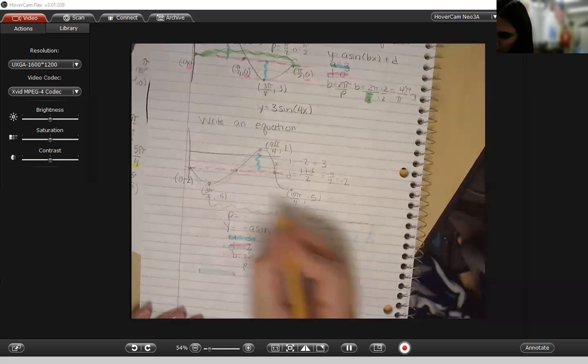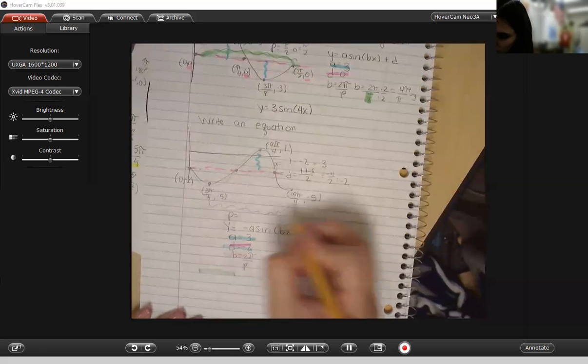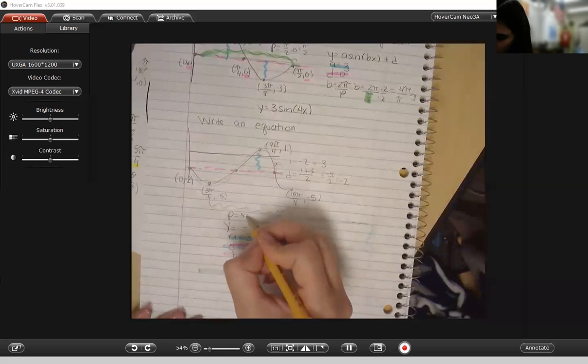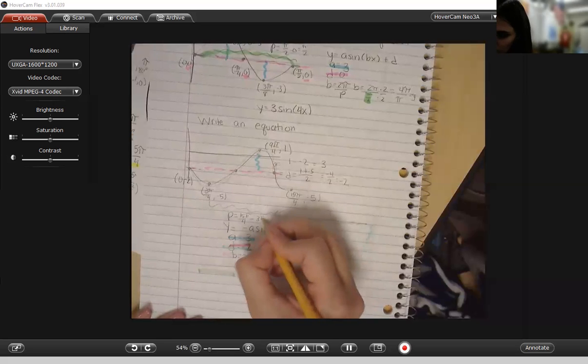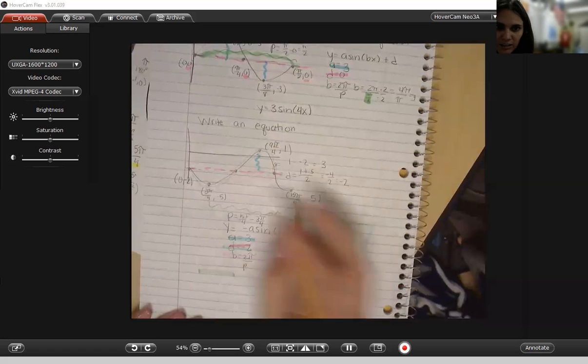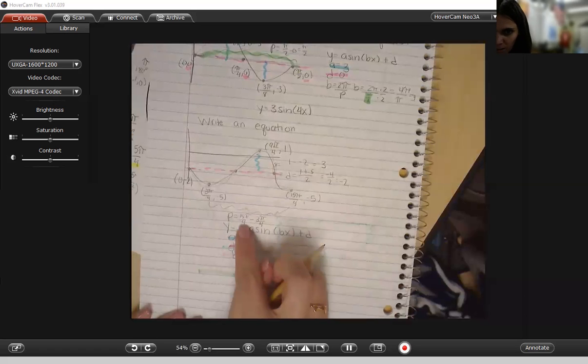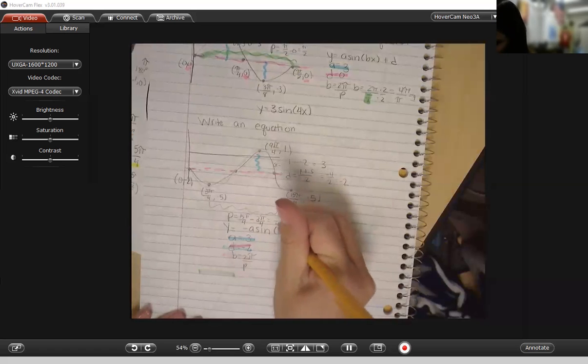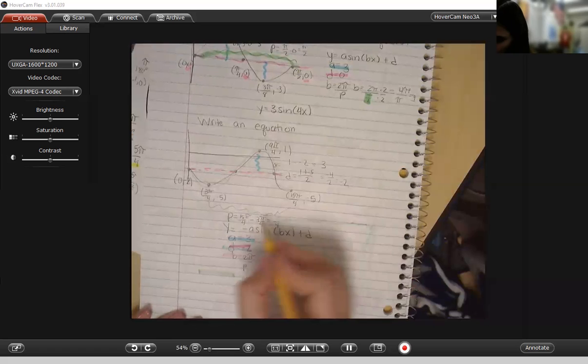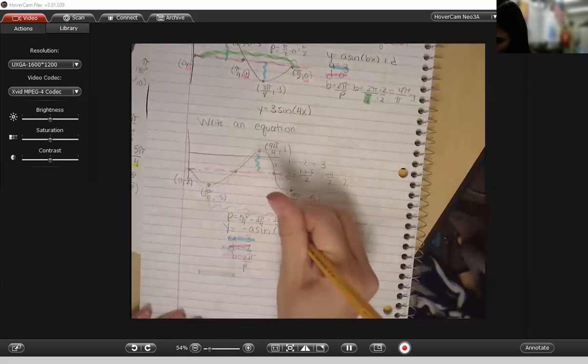I need to know my period here. My period is going to be this distance. So if I take the bigger one, 15 pi over 4, and I subtract 3 pi over 4, that's my period. How long was that distance? Well, 15 pi minus 3 pi, they're both over the same denominator, so I can do easy subtraction. It's going to be 12 pi over 4.